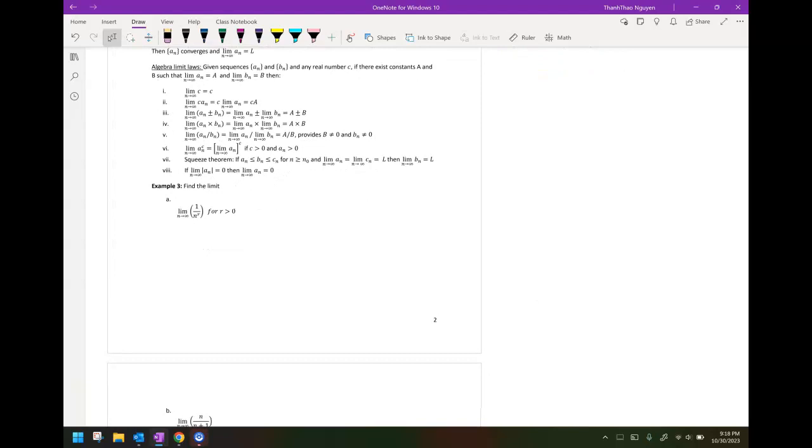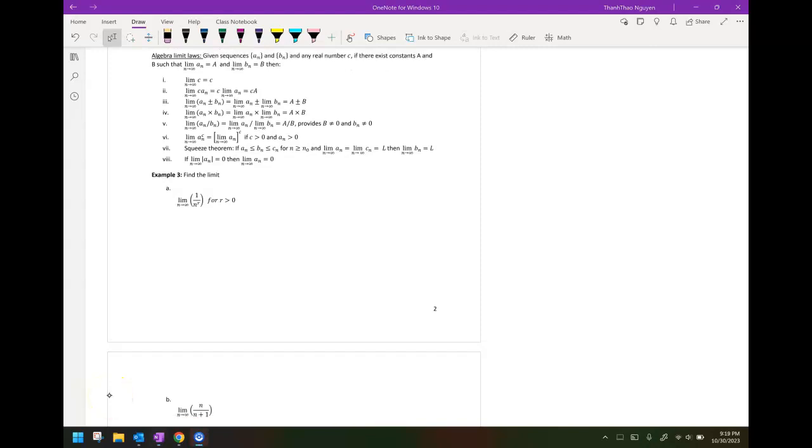So let's find the limit. Find the limit as n approaches infinity of 1 divided by n to the r, for r greater than 0. So here, a sub n equals 1 over n to the r. Now, as n approaches infinity, you're looking at 1 divided by a really big number.